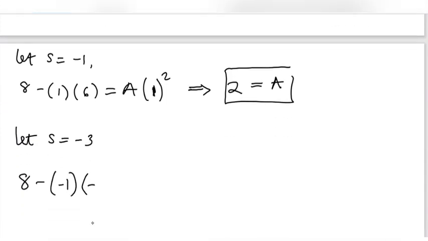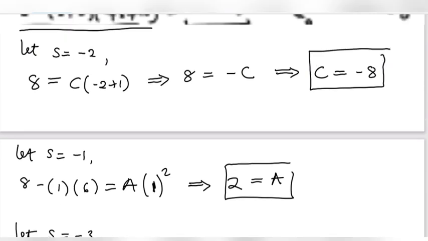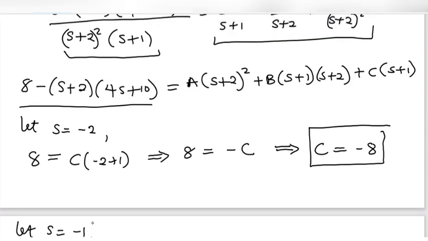So this is -2, and if we bring it down here, this gives us A into (-3 plus 2), which is -1, squared, plus, since s is -3, B into (-3 plus 1), which is -2, into -1, plus C into (-3 plus 1), which gives us -2.